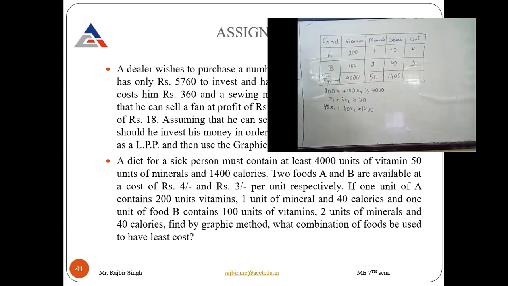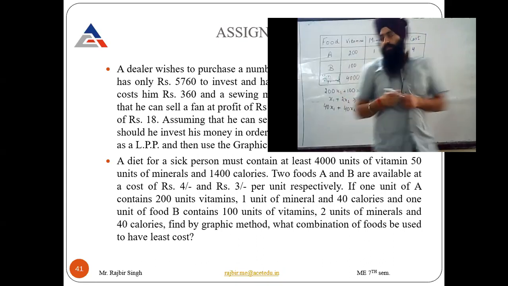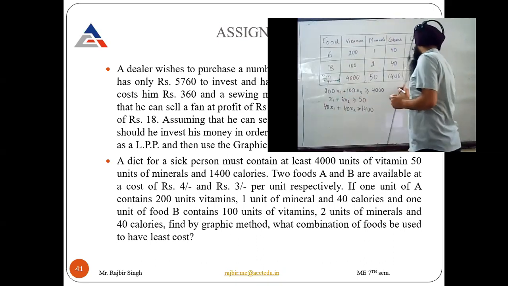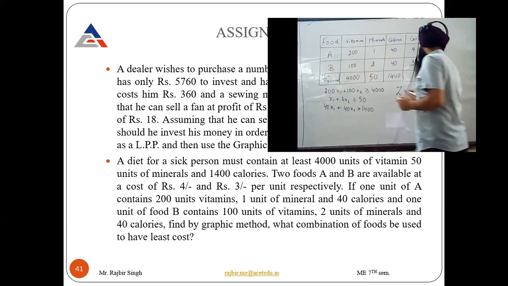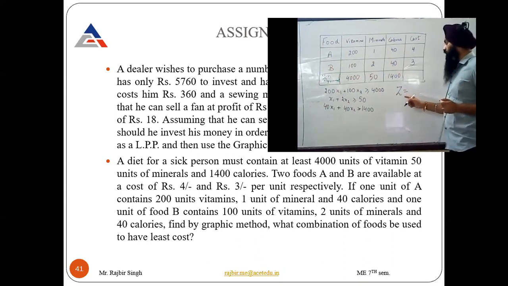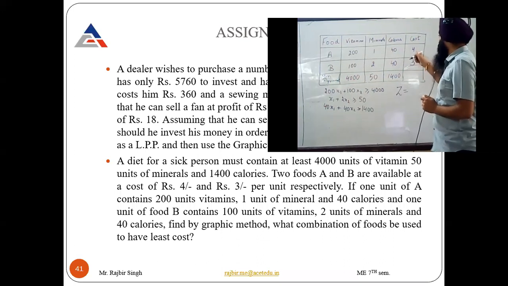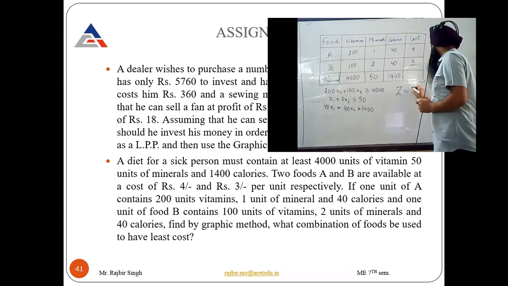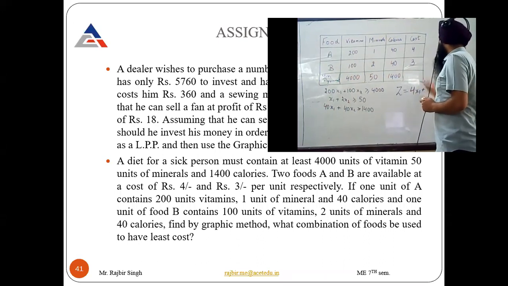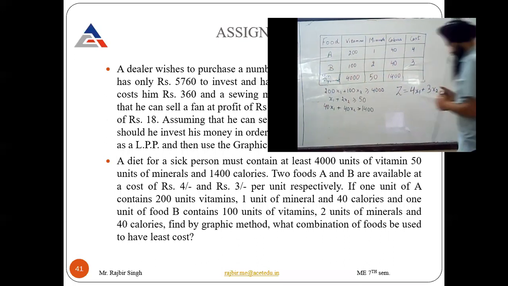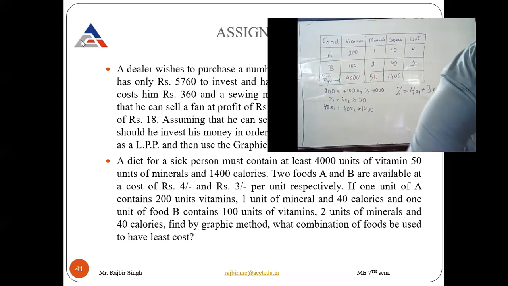And the objective is z, the cost function, which will be equal to 4 into x1 plus 3 into x2.